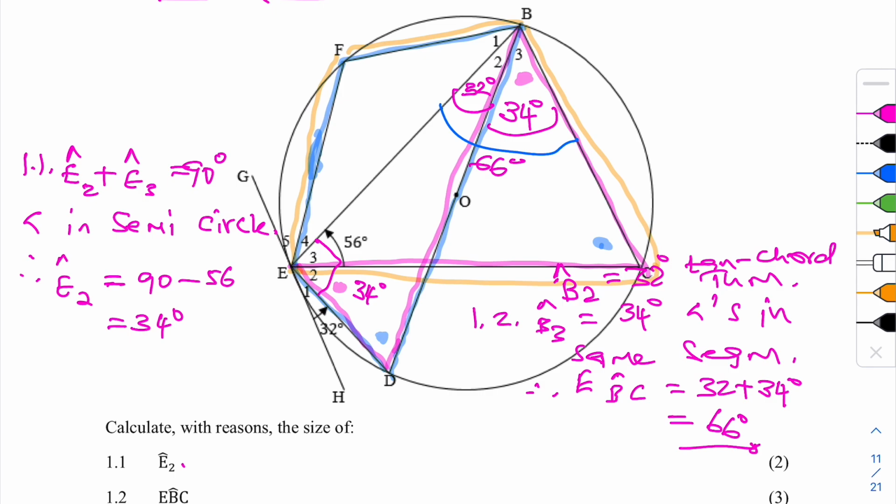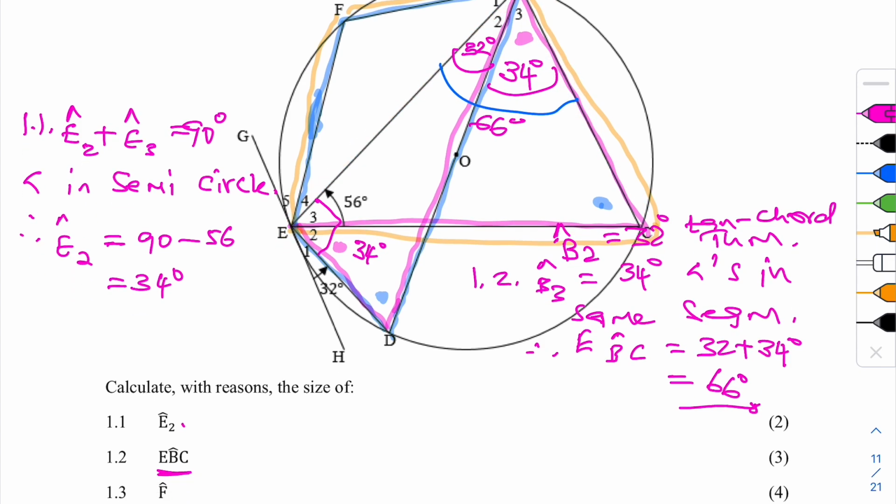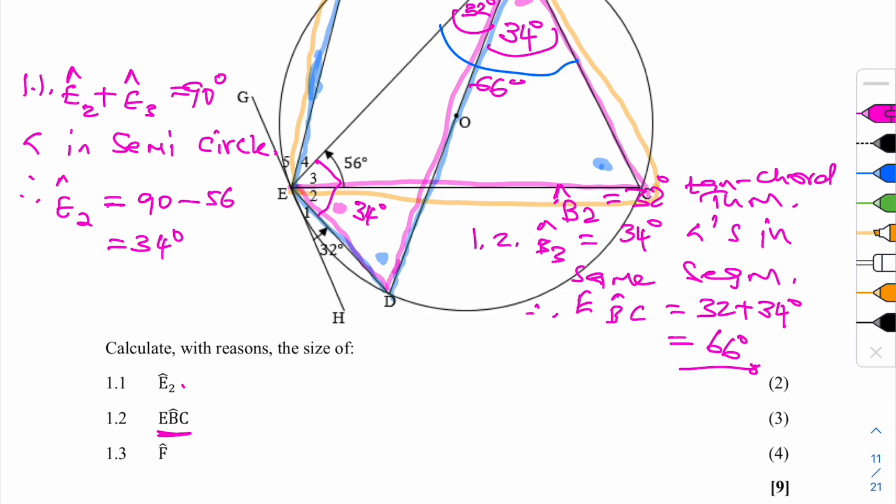That is quite simple because we already have two angles in this triangle. In triangle BEC, we already have two angles. So we can say therefore angle C is equal to 180 minus 56 minus 66, which will be the sum of angles in a triangle.